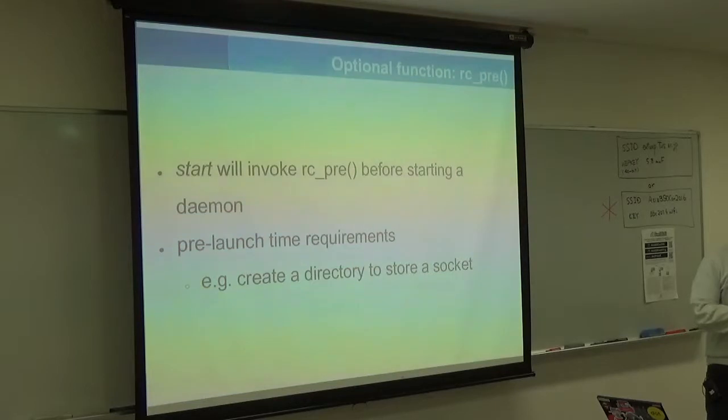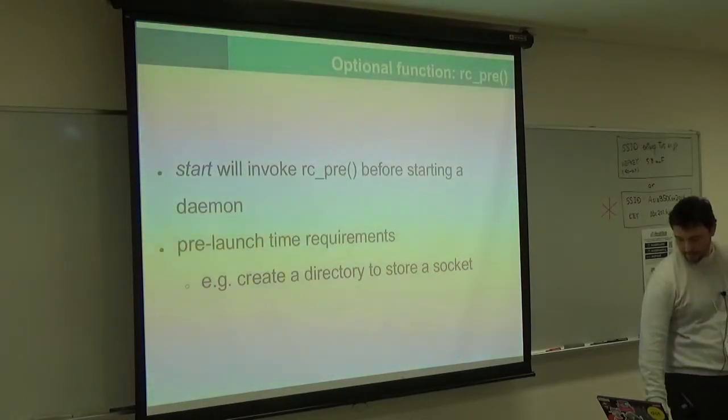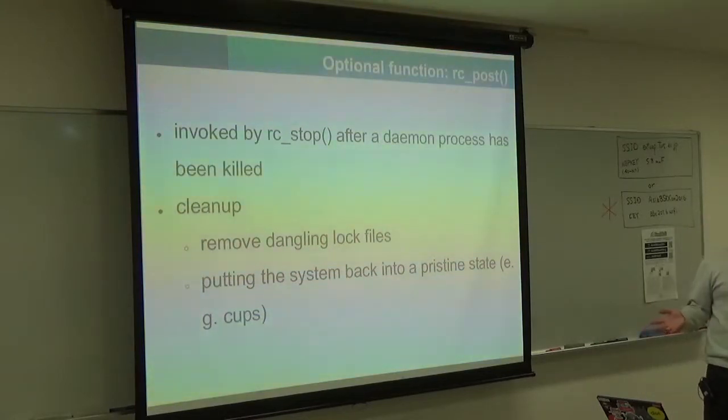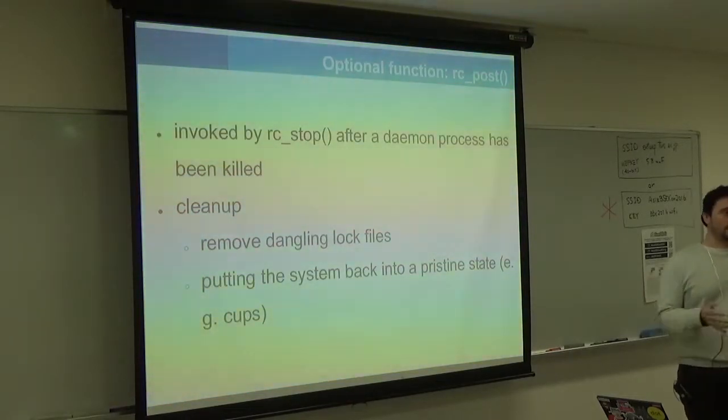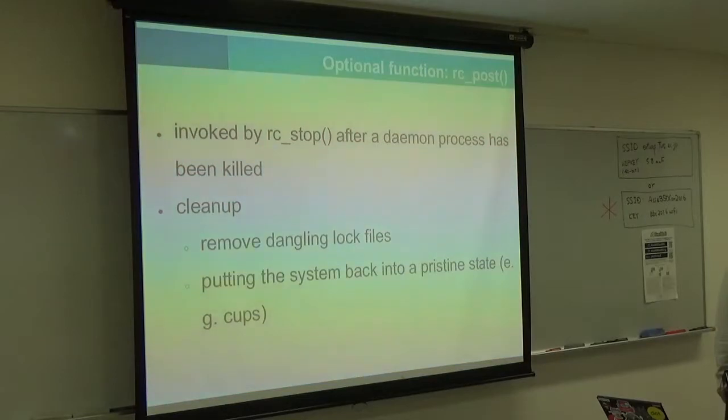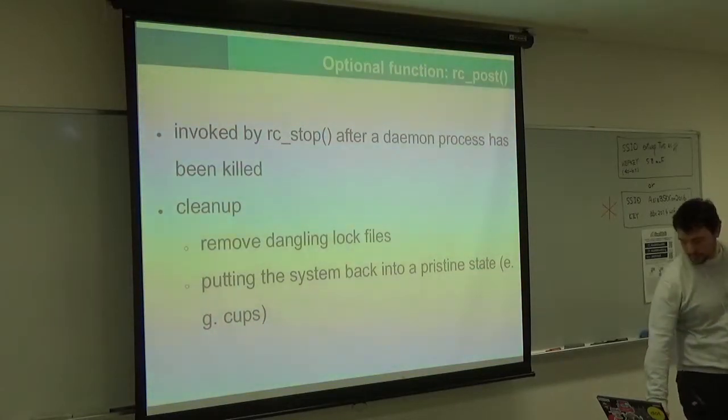So we first move away the base system utilities using rc_pre. And we have rc_post, which is the exact opposite. That will be run by stop when the daemon process has been killed. So it's usually nice to do some cleaning. In the case of cups, for example, to put back the base system lp commands.